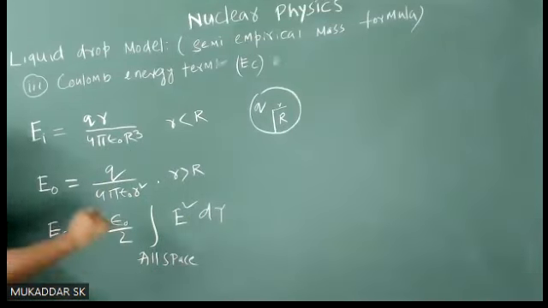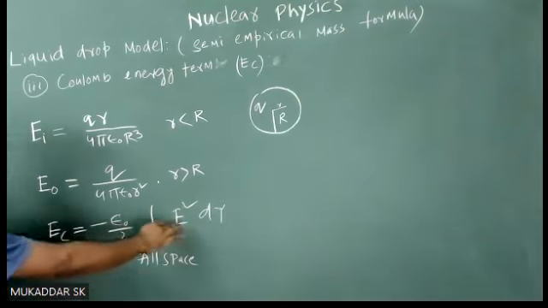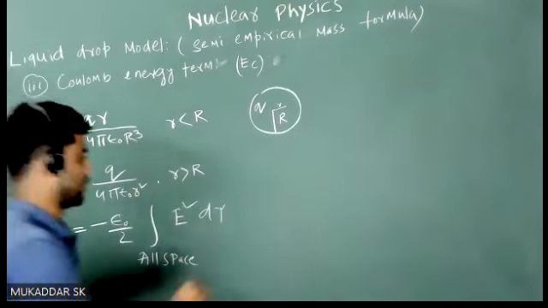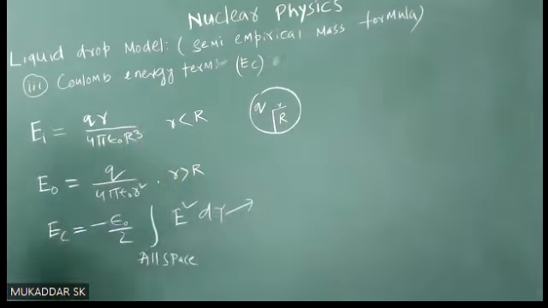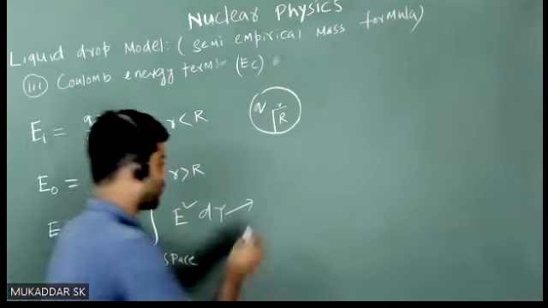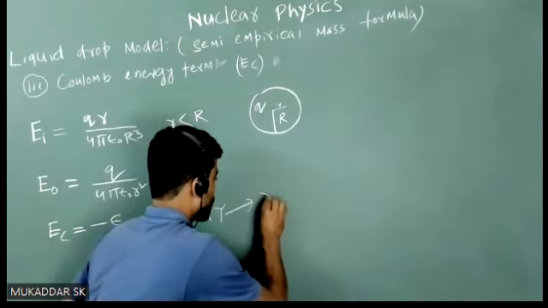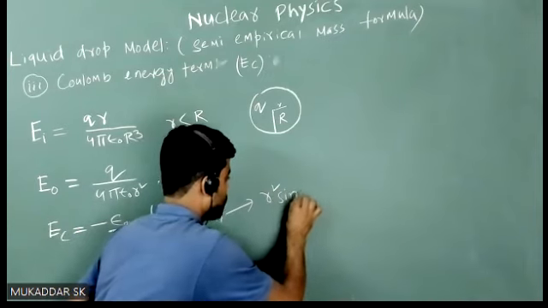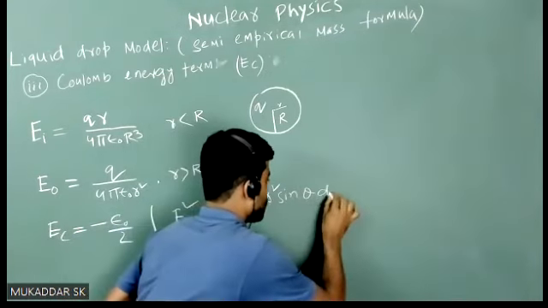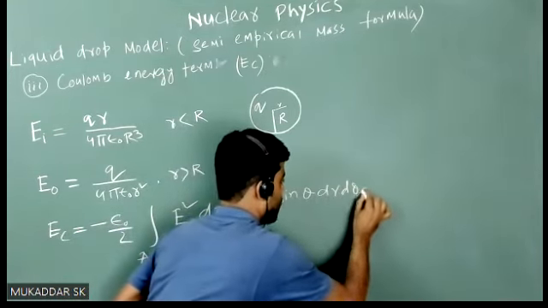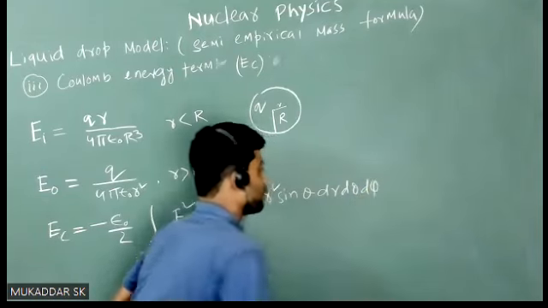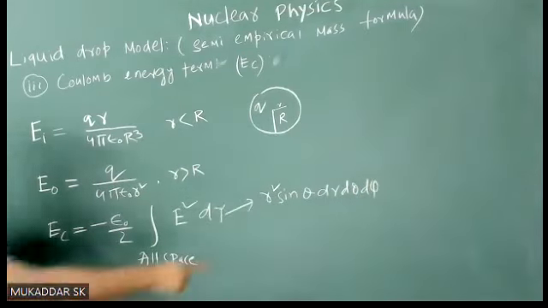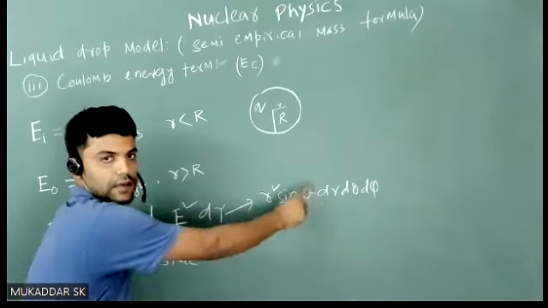Here E is the electric field, and d tau is the volume element. In spherical polar coordinates, the volume element is r square sine theta dr d theta d phi, and the range of r is from 0 to infinity.